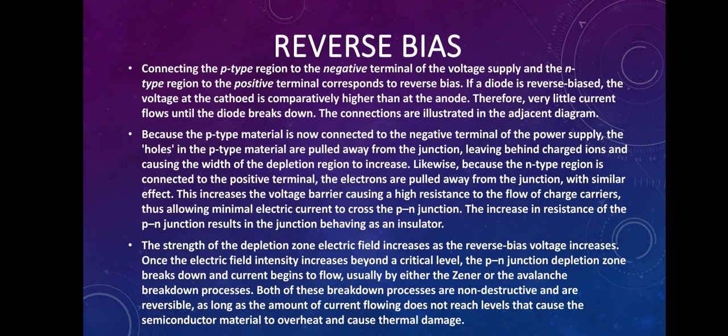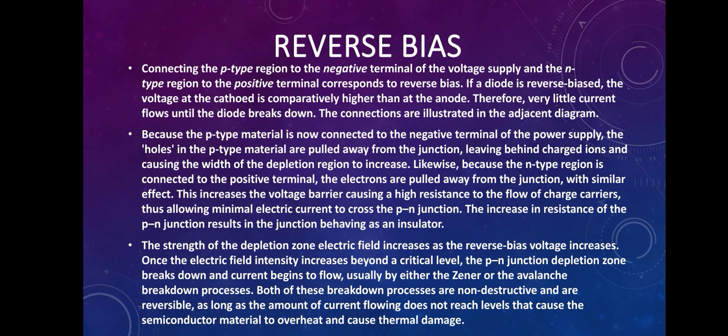This increases the voltage barrier, causing a high resistance to the flow of charge carriers, thus allowing minimal electric current to cross the p-n junction.